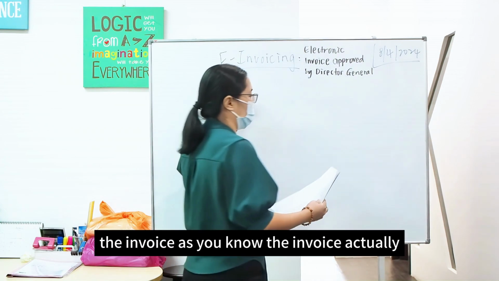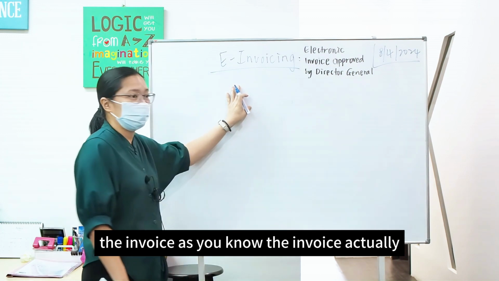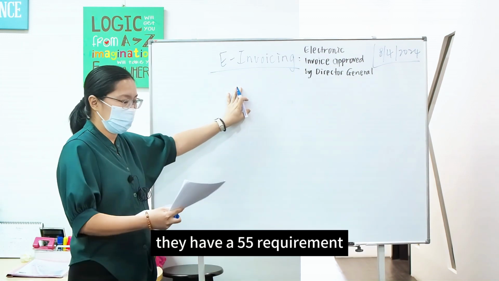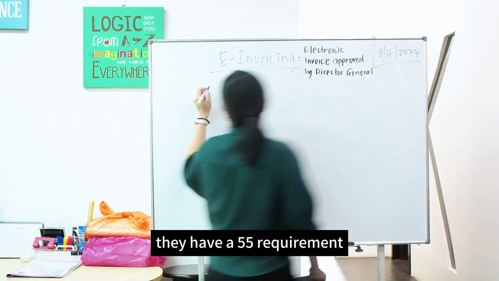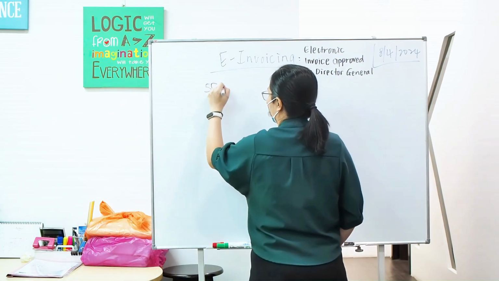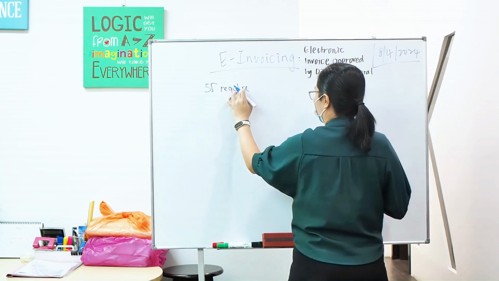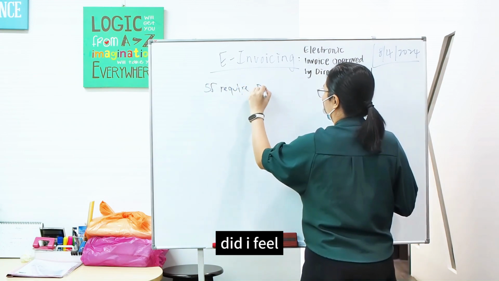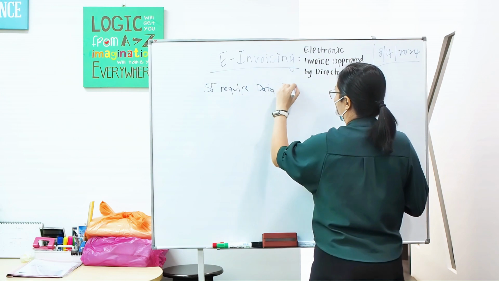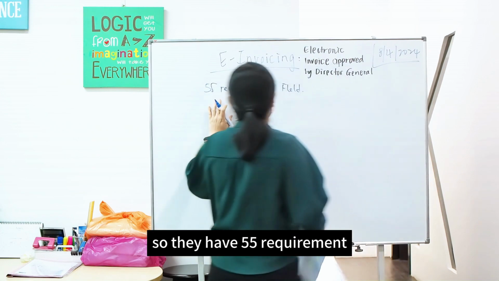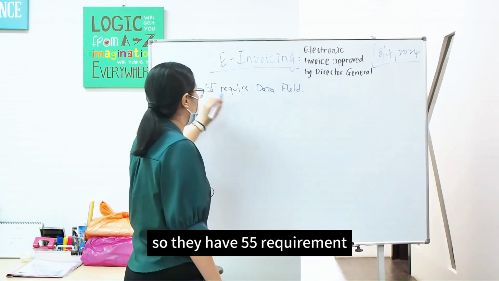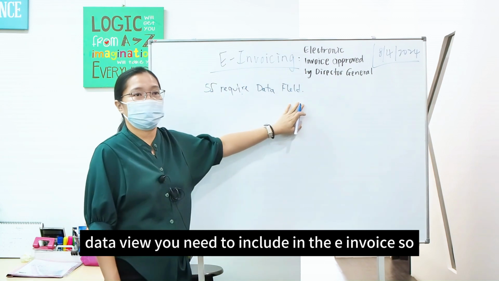Okay, the e-invoice. As we know, the e-invoice actually has 55 required data fields. So there are 55 required data fields you need to include in the e-invoice.